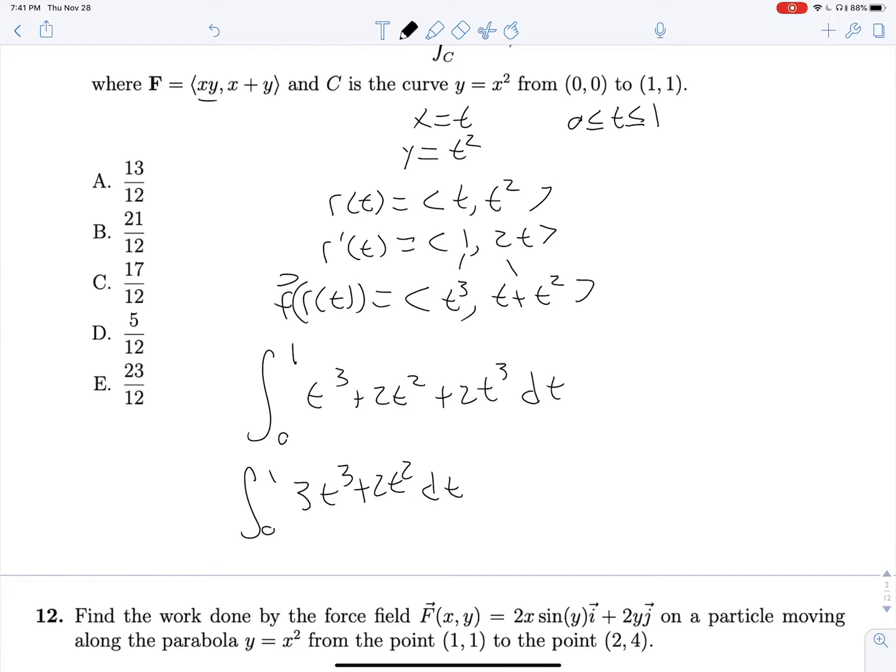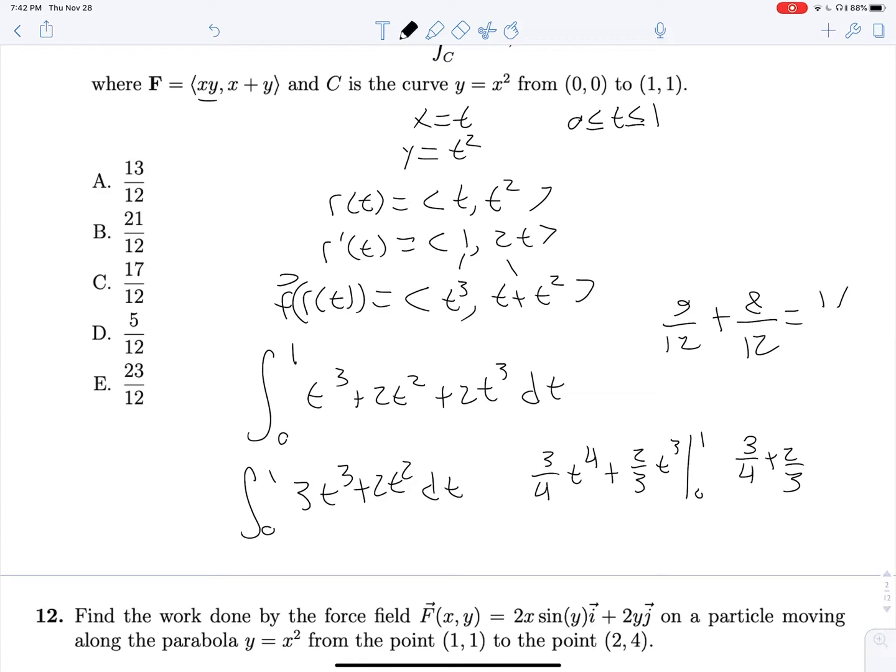We integrate this, we're going to get 3/4 t to the 4th plus 2/3 t cubed on 0 to 1, and this evaluates to 3/4 plus 2/3. We can put this into 12ths to add everything together. We are going to get 9/12 plus 8/12. And that gives us our answer, which is 17/12.